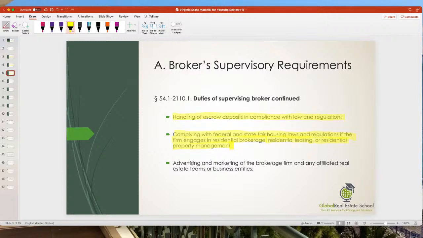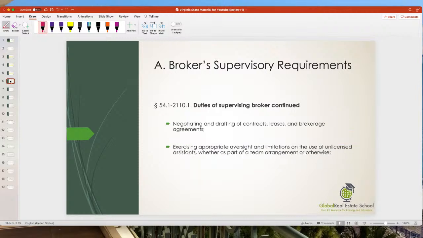And of course, we're going to study advertising and marketing guidelines under the Virginia license law. That is part of the brokerage firm and the real estate teams and business entities. You need to make sure as a supervising broker that you're following and taking care of all of those duties.